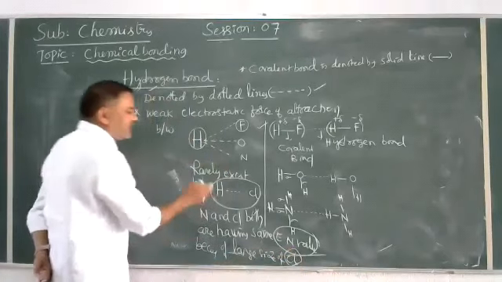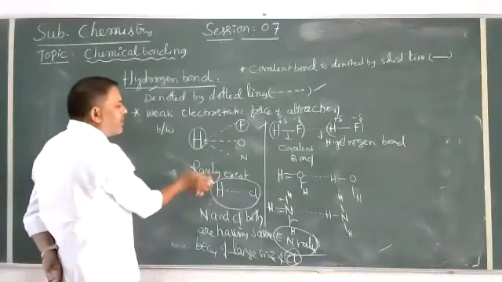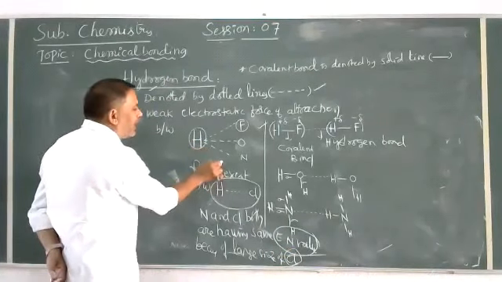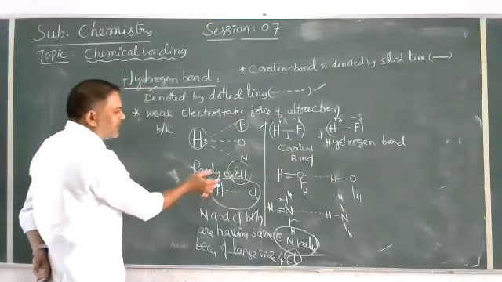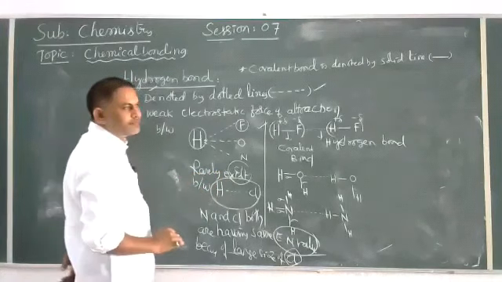Even though both have the same electronegativities, the bond strength between hydrogen and chlorine is weakened. That's why it rarely exists.